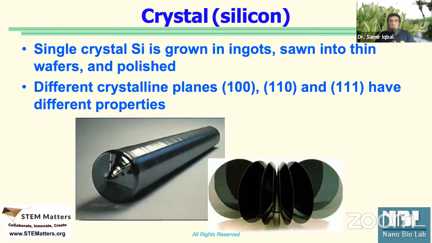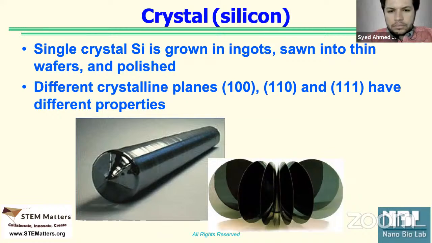So then if silica or silicon occurs in nature, how do we get silicon out of it? There are processes where we melt it, and we use a kind of pen type of seed structure, which is crystalline.